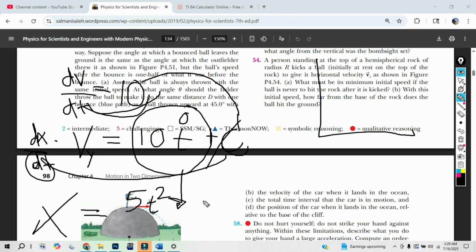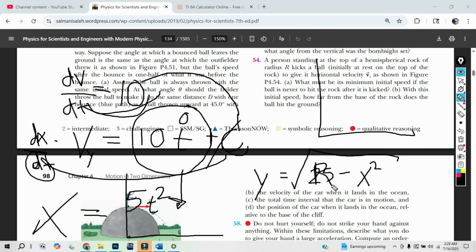But we still have a constant, and for this problem we need to be very careful, because I'm going to say y is equal to the square root of 25 minus x squared, or this is just r. Cool. That's going to say when x is equal to 0, I'm going to be up here. So that is this function right there. That's the equation for that function.